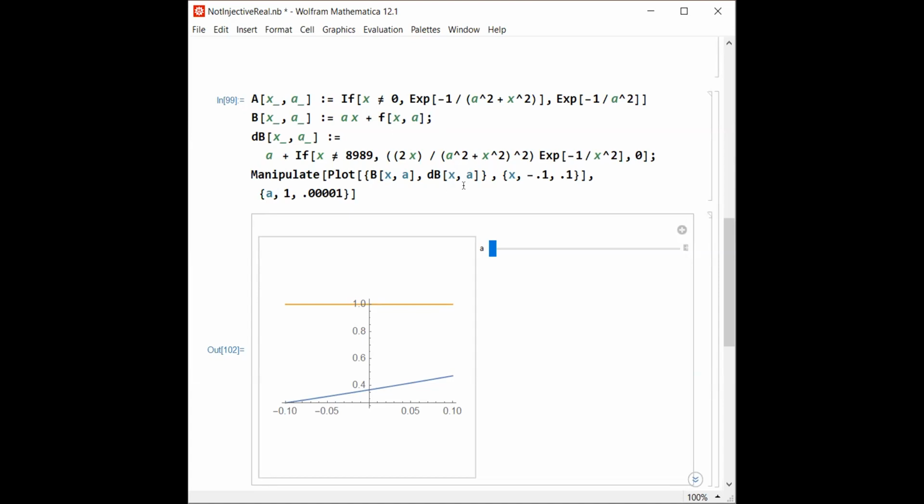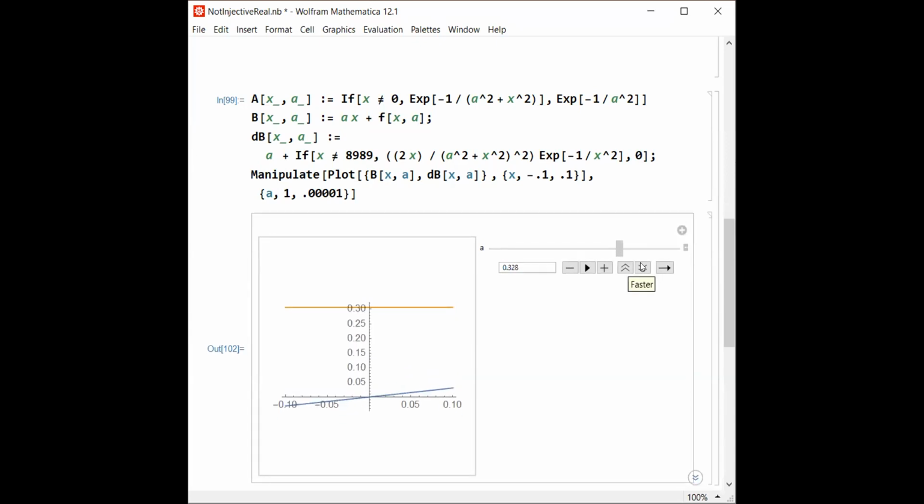And so if I look at my plot here, I'm plotting the values where a goes from 1 all the way down to 0.0001. And you can see as we go smaller and smaller and smaller, does it still look injective? Yeah, the derivative is still going to be positive. What will happen in the limit as a goes to 0? What function will we get?